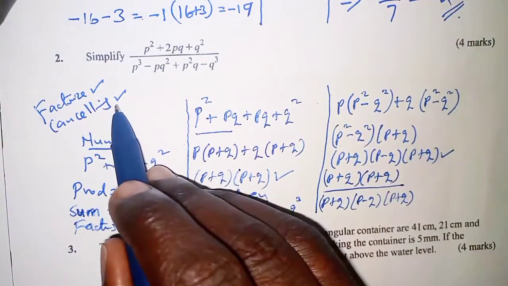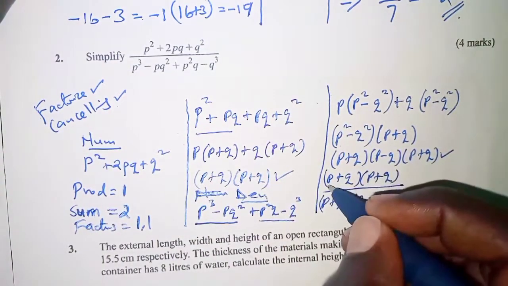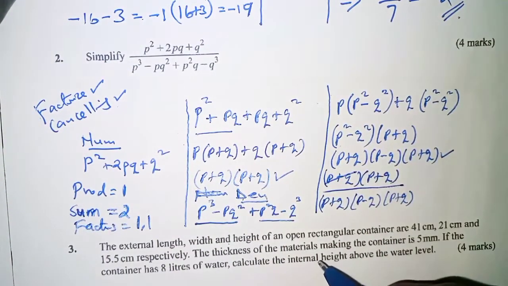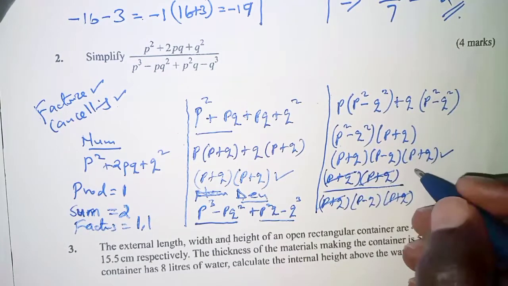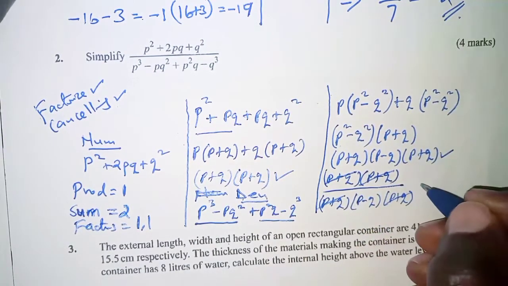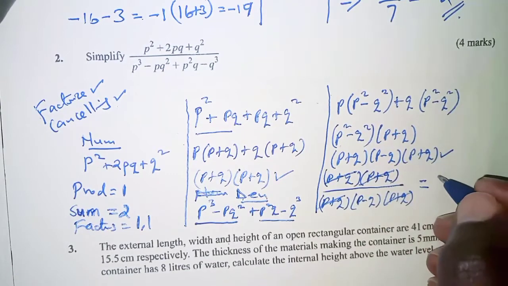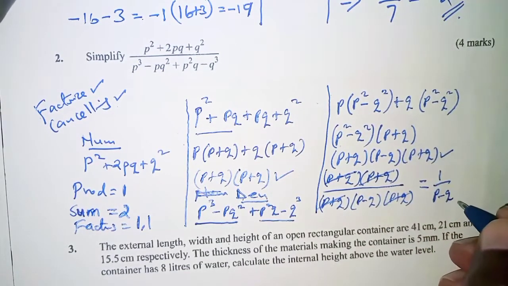So the next step, we check where we can do cancelling. At this point, p plus q is on the numerator and denominator. We still have another one on the numerator and denominator. So on the numerator, we are left with 1, and in the denominator we have p minus q. So finally, this simplifies to 1 over p minus q.